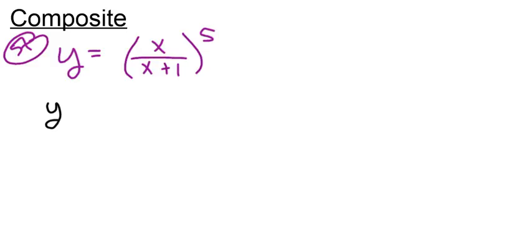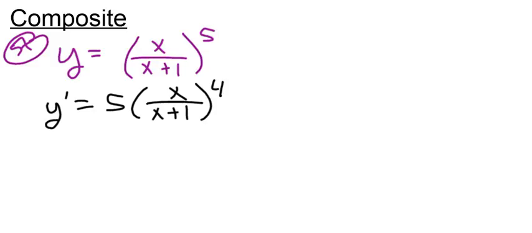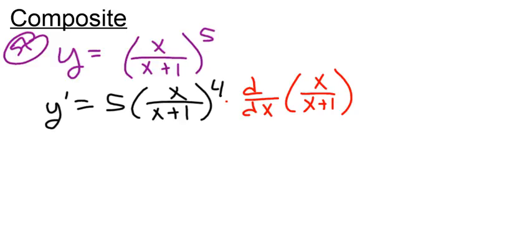Taking the derivative, we're going to do the outside function. All right. Now, I'm going to break it down by saying it's going to multiply the derivative now of the inside. But this derivative of the inside is a quotient.